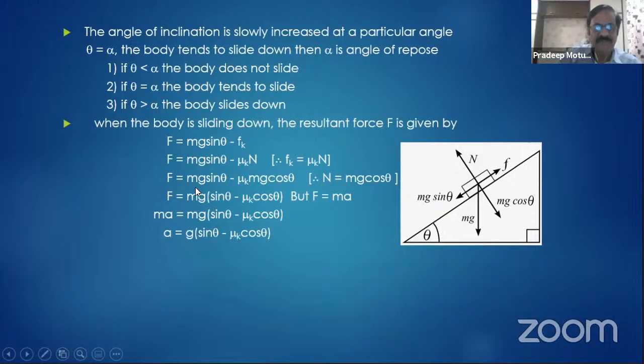Therefore, F is equal to mg sin theta minus mu k mg cos theta. So with mg as common factor, we have sin theta minus mu k cos theta, right? So finally, you got the resultant force F is equal to mg into sin theta minus mu k cos theta.